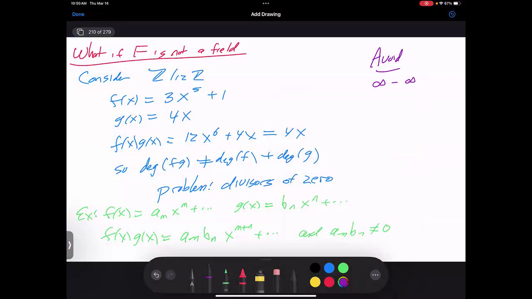I'm fine with that. 5 plus infinity is infinity. I'm fine with that. Yeah, 0 times infinity. We can't do 0 times infinity. Right? What else can't we do? We can't divide by infinity. Well, can we? We can, but there's one thing we can't divide by infinity.